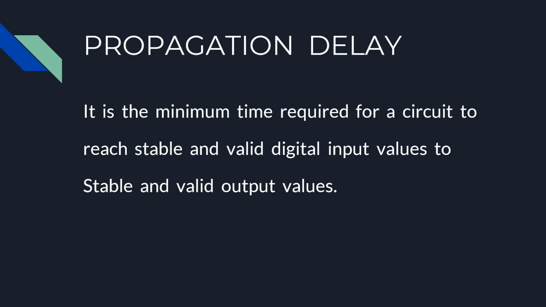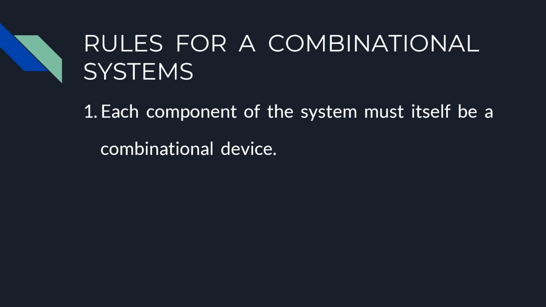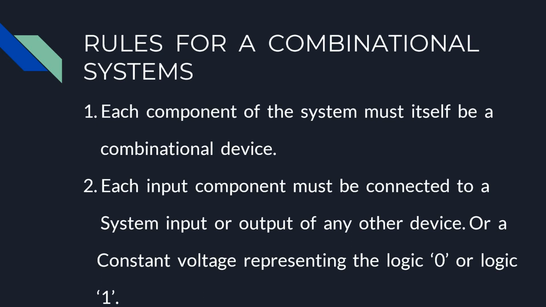In order to build a larger combinational system, we must follow some rules. Each component of the system must itself be a combinational device. Each input of a component must be connected to a system input, or the output of any other device, or a constant voltage representing a logic 0 where V is less than VL, or logic 1 where V is greater than VH.